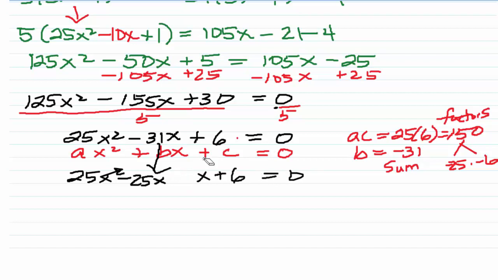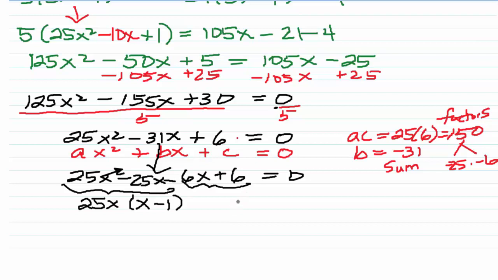Now, why on earth would we want to do this? Because now we can use grouping. We look at the first pair of terms: 25x squared minus 25x have 25x in common. If we factor that out, we're left with x minus 1. And for negative 6x plus 6, whenever there's a negative leading coefficient, you want to factor out a negative.